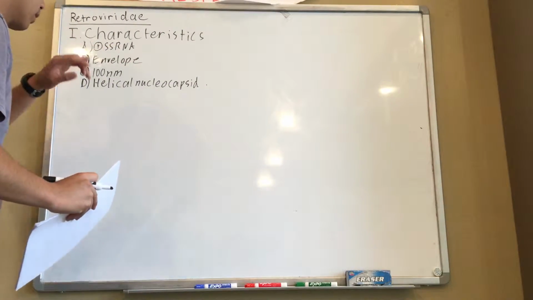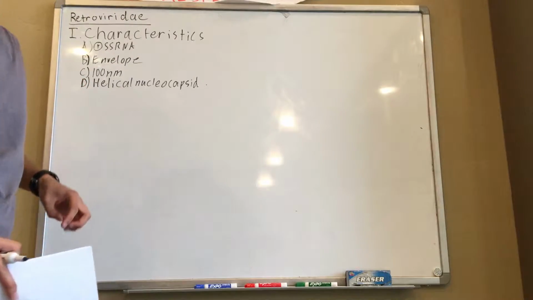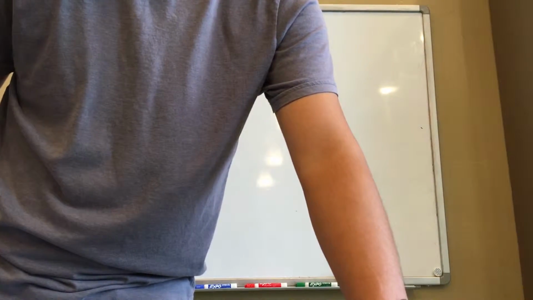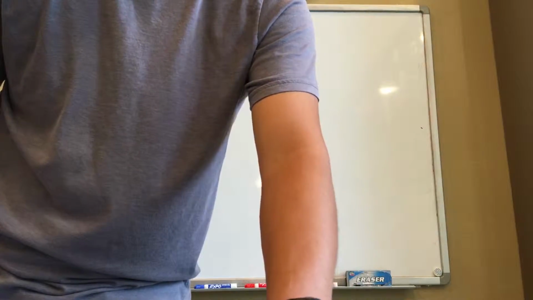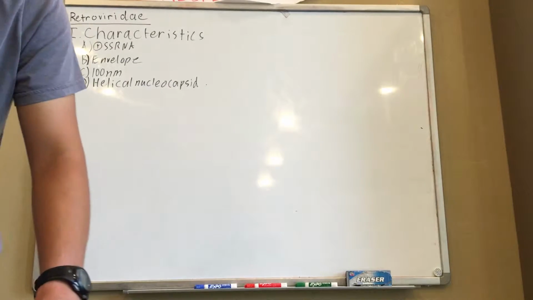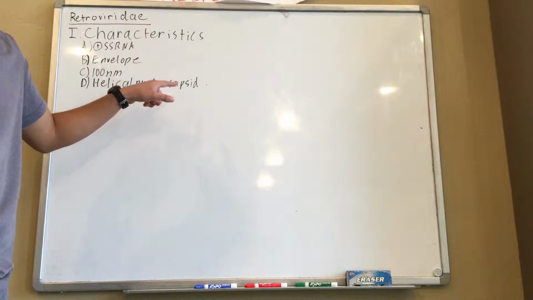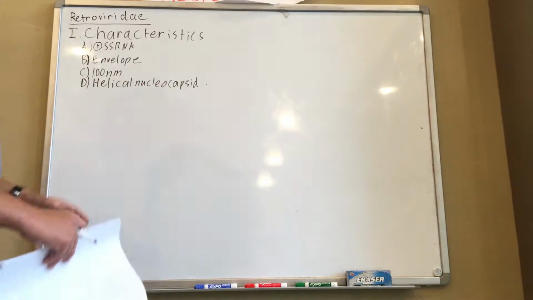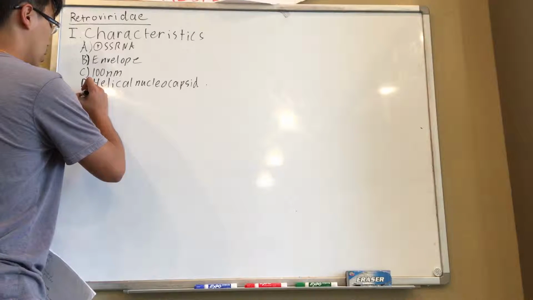But what's kind of confusing is that in lecture it's helical, but in the book, the picture shows the nucleocapsid, the material that wraps around the genome, with an icosahedral shape to it.